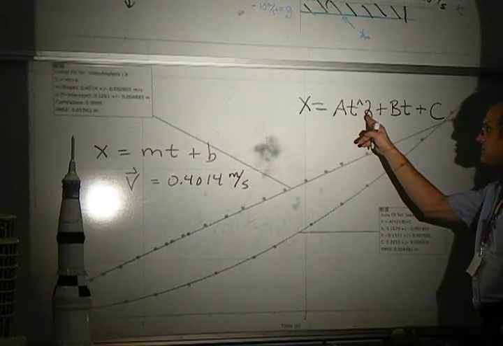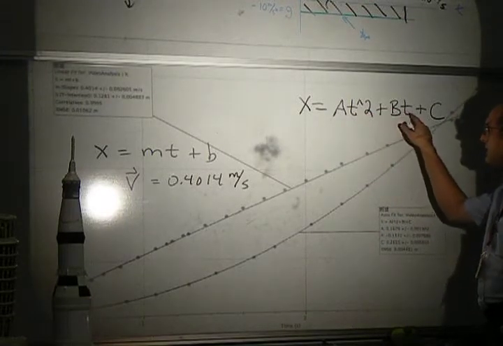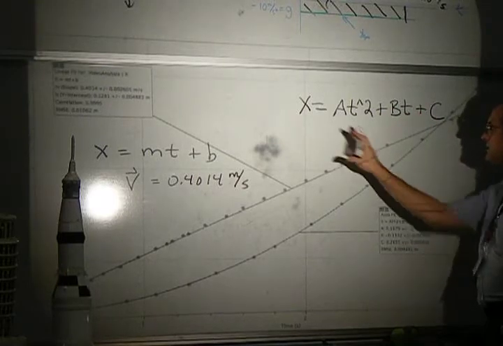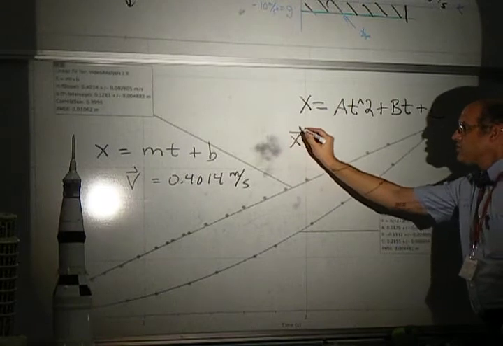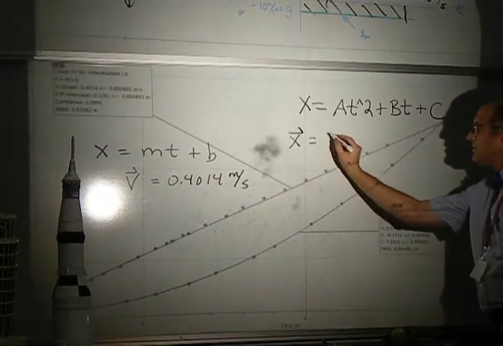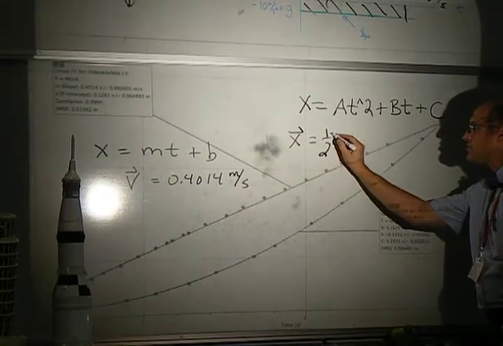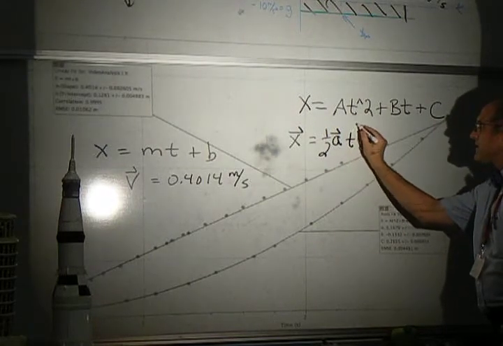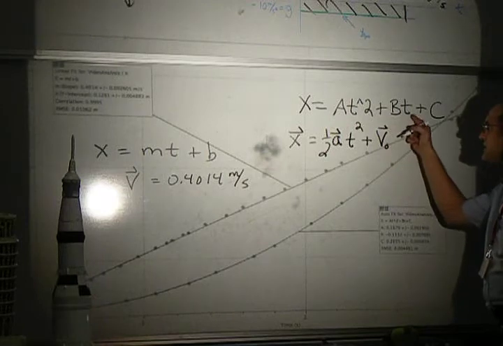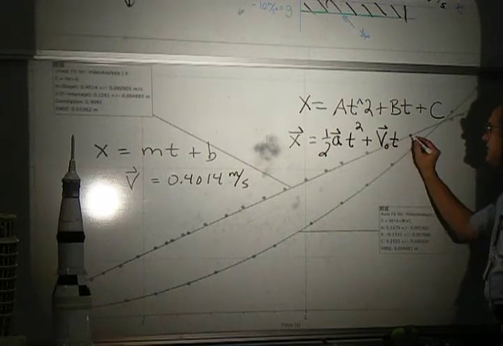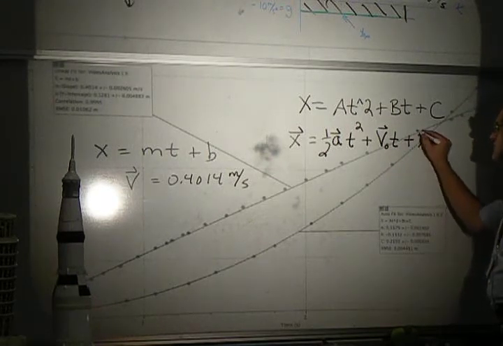Now here we have time squared, here we have this time, and doesn't this match up to the equation that the position is equal to 1/2 the acceleration of the car times the time squared plus the original velocity of the car times time plus the original position.